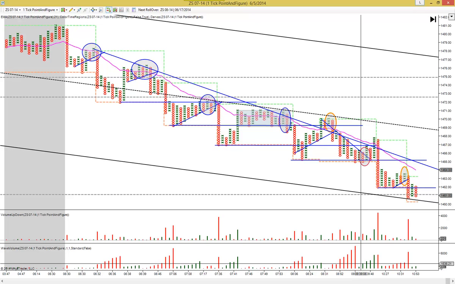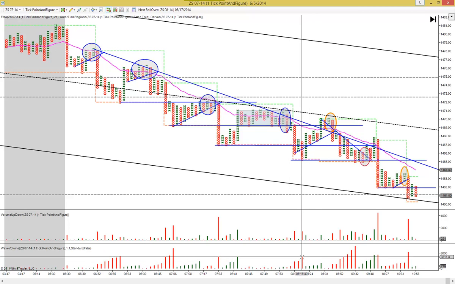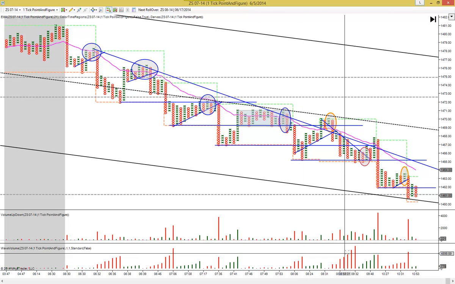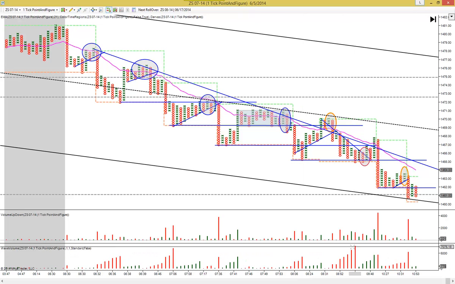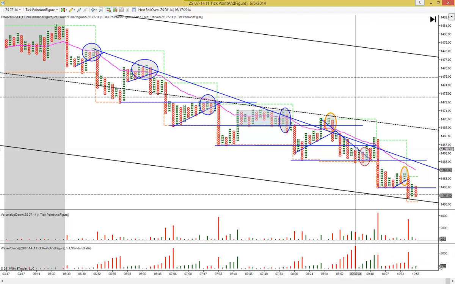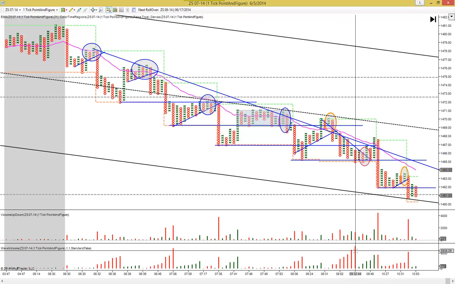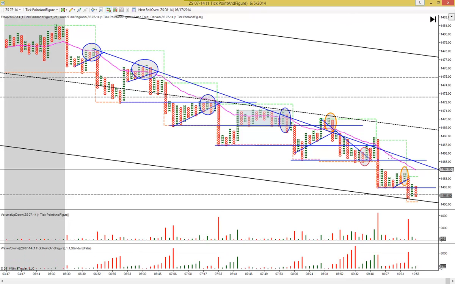What I was seeing at the time, as you look at the volume histogram, on this leg down we have around 4,000 shares coming in, and then on this leg down, which made pretty much a double bottom, we had more than 7,000 contracts coming in. So it kind of looked like a good effort versus result play.